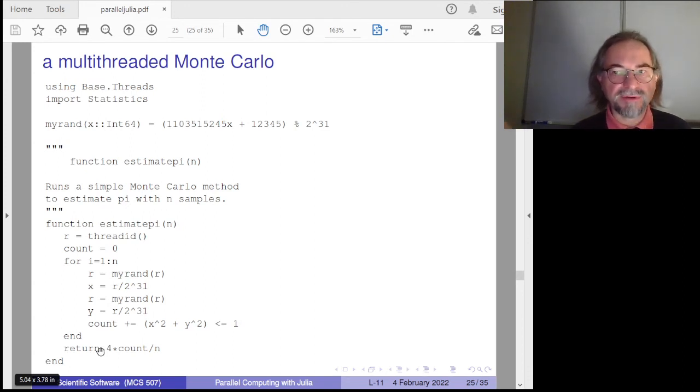So if many threads at the same time call the same function, they are going to change the state of the random number generator. If it is a very good implementation of what they call thread-safe computation, then the threads will be blocked from running, and they will have to wait until other threads have generated their random numbers.